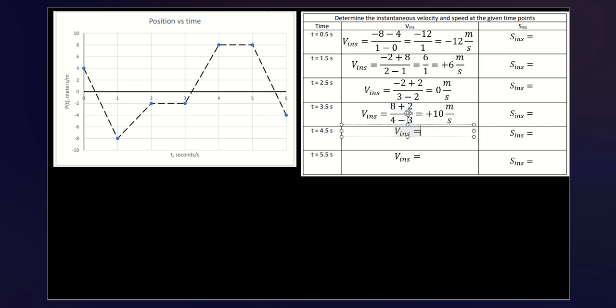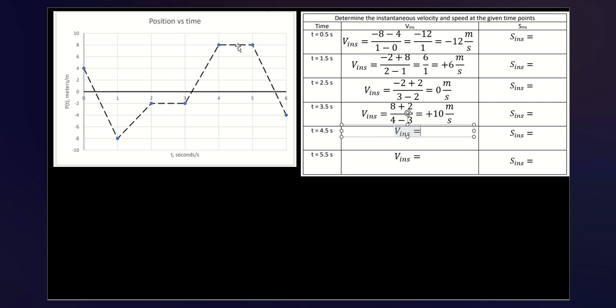Our next one is going to be at 4.5 seconds. So if we're somewhere between 4 and 5 seconds, we're touching this line right here. Again, that time could have been 4.2 seconds. We would still end up touching the same line segment. Could have been 4.9. We would still be touching this line segment. So all we care about is just measuring this line segment right here.